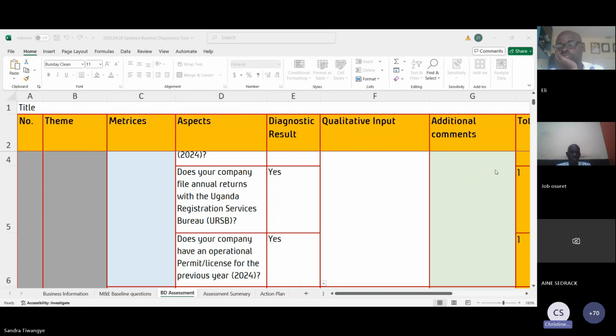Investigating why you don't file annual returns is a discussion for next week's annual planning. For purposes of this tool, please click no. Remember, once we go through the tool in detail, for companies that are still struggling in particular aspects, we shall have you stay behind and have all your questions answered thoroughly.